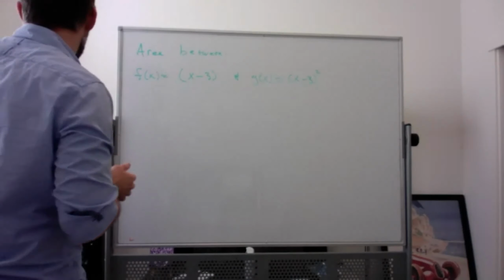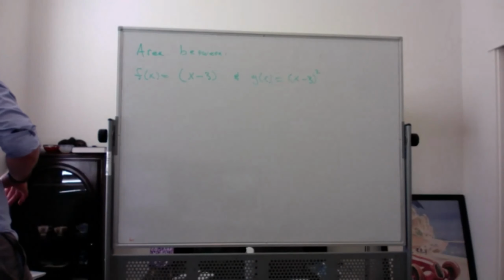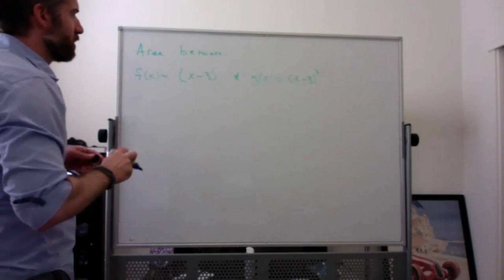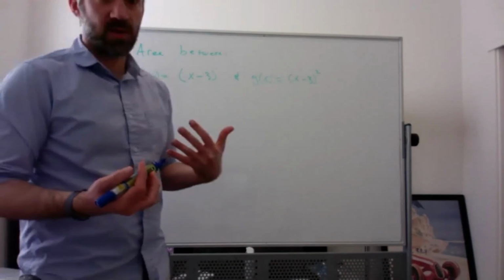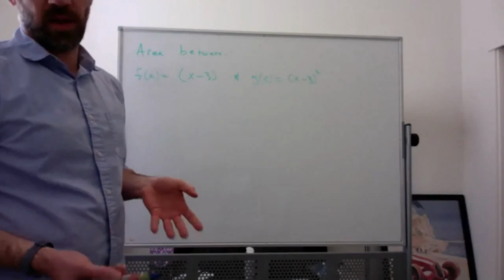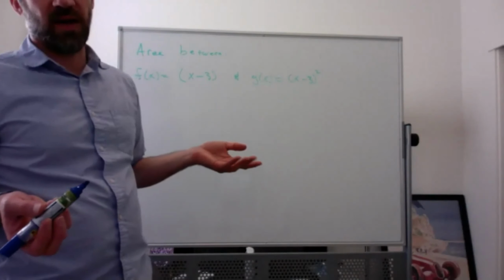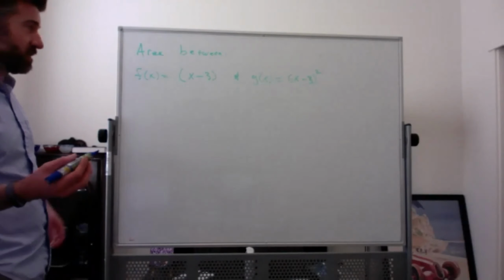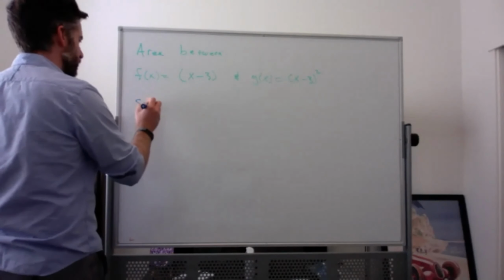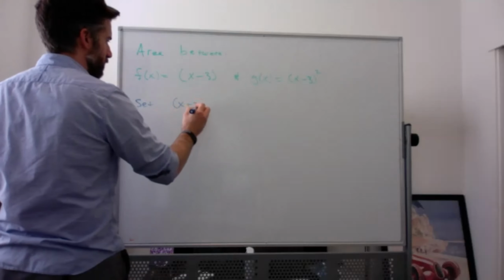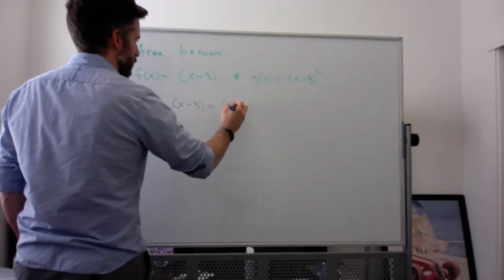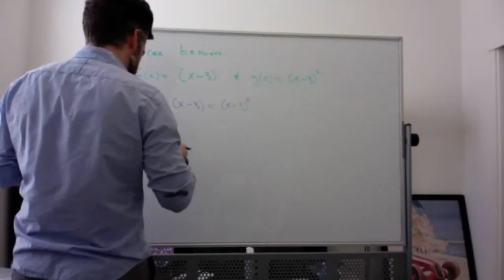If you're trying to find the area between two curves, and they don't give you any kind of between x equals this and x equals that, then you have to set them equal to each other and see where they intersect. So we're going to set x minus 3 equal to x minus 3 squared.